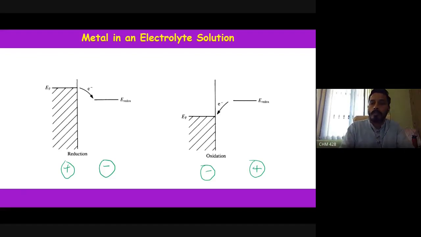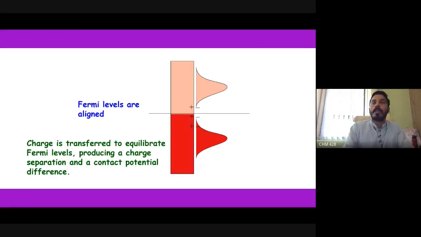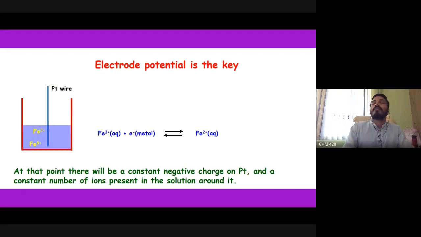You all know that. And this potential difference is what is given by the very famous Nernst equation.